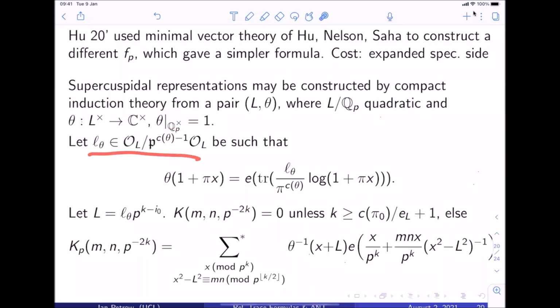So here I am using a Postnikov formula for O_L. Here pi is a uniformizer for O_L. You can convert multiplicative characters to additive characters if you're in 1 plus a uniformizer. And this L_theta is the constant that corresponds to theta.